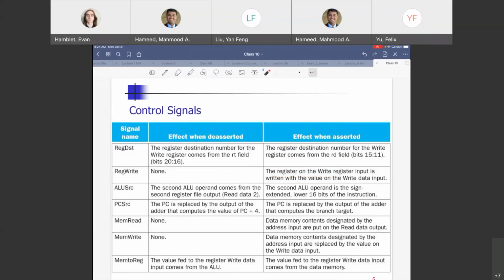Another one, let's say memory to register. What is the effect when it is deasserted or inactive versus active? When it is deasserted, the value fed to the register is coming from the ALU output, the ALU result. Or when it is asserted, like the name suggests, memory to register, you take the thing from memory and allow it to go to a register, right?